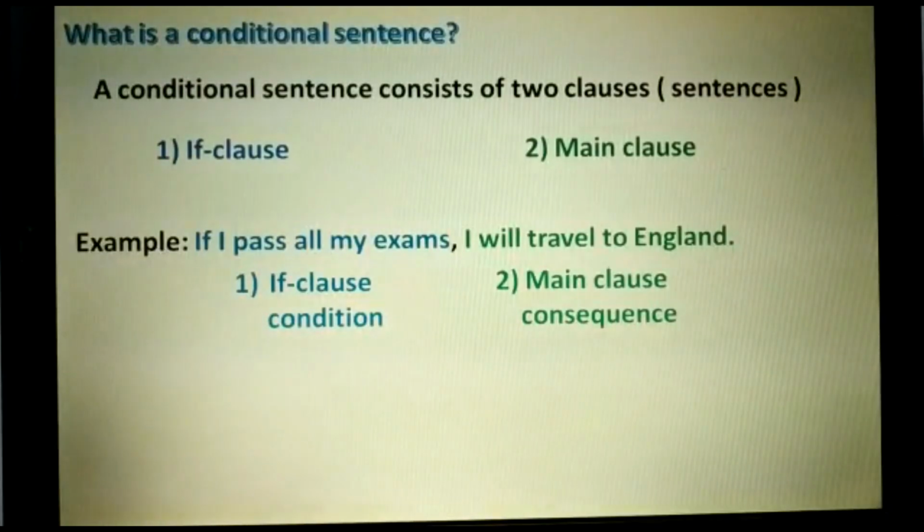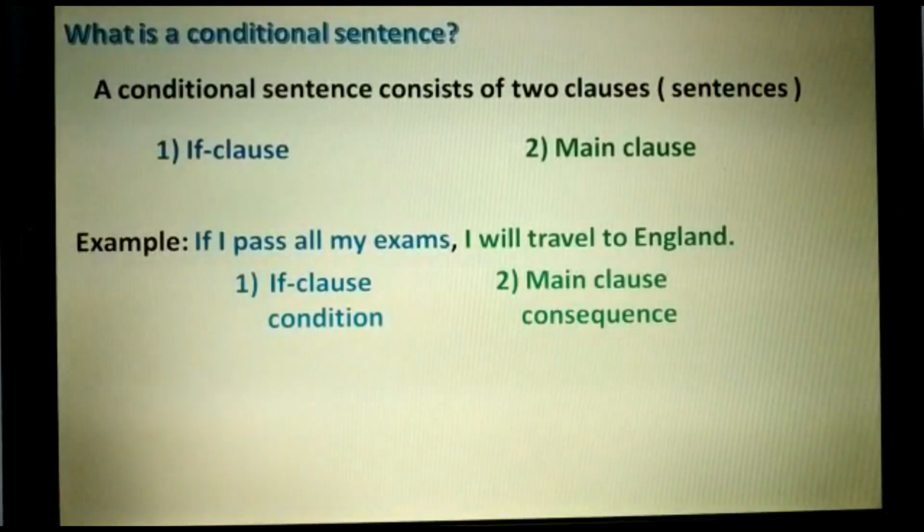A condition by definition is something which is necessary for something else to happen, and a consequence is what happens as a result of the cause, but in this situation, what happens as a result of the condition. Okay? So back to the sentence.